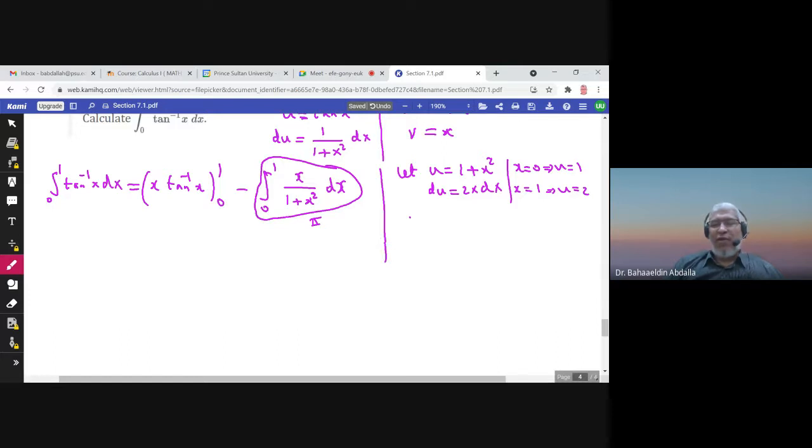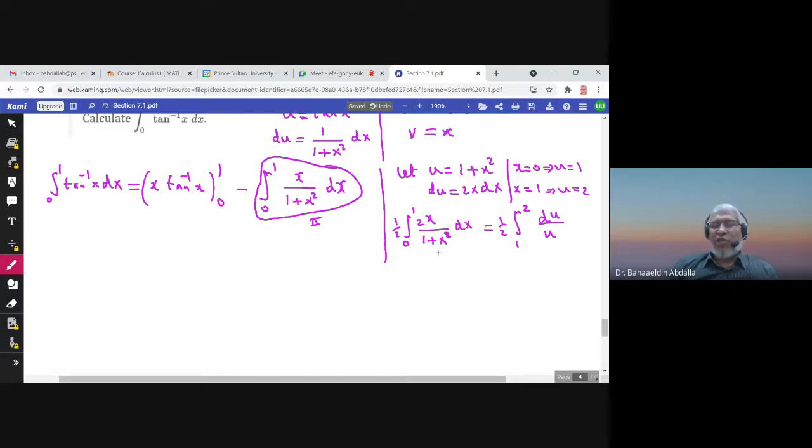So I have integral from 0 to 1 of x over 1 plus x squared dx. But I need 2x, so I'll multiply by 2 here and here. So this would be half integral. Now 0 will be replaced by 1. 1 will be replaced by 2. 2x dx is just du, and 1 plus x squared is u.